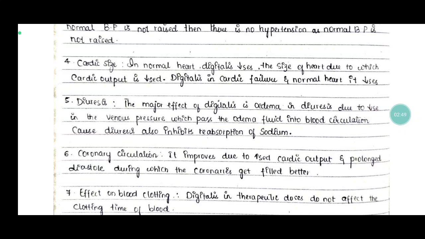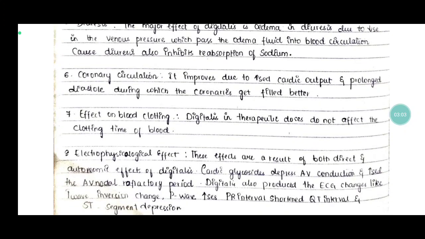Coronary circulation improves due to the increase in cardiac output and prolonged diastole, during which the coronaries get filled better. Number 7 is the effect on blood clotting, where digitalis in therapeutic doses does not affect the clotting time of the blood.